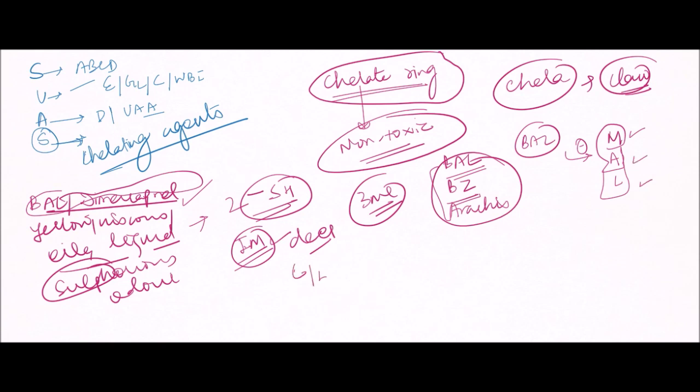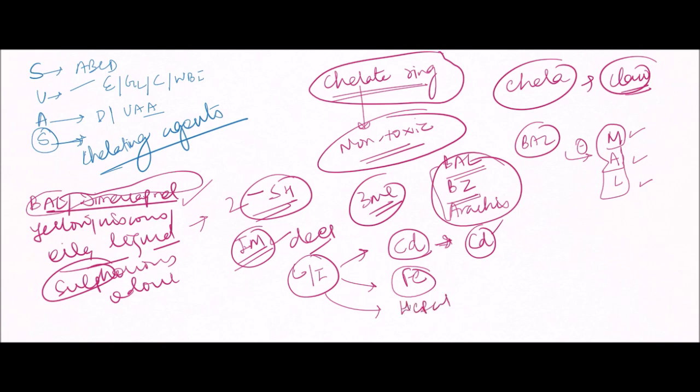There are some contraindications of British anti-lewisite. It is not recommended in cadmium poisoning, because it increases the nephrotoxicity of cadmium by increasing the reabsorption of cadmium from the kidneys. It is not recommended in iron poisoning, and sometimes not in hepatic dysfunction, and G6PD deficiency also.